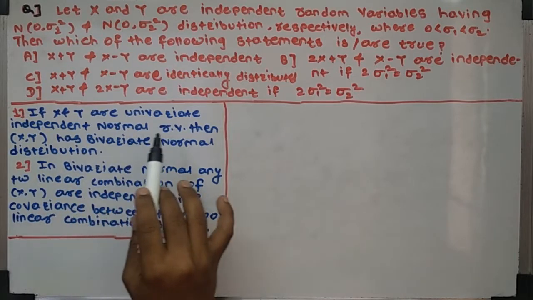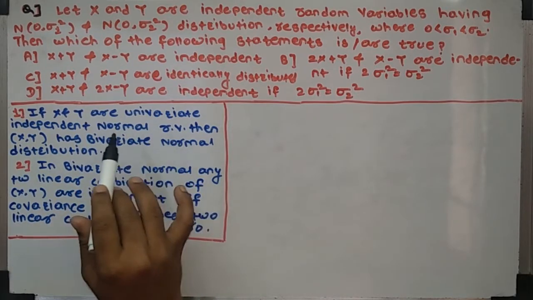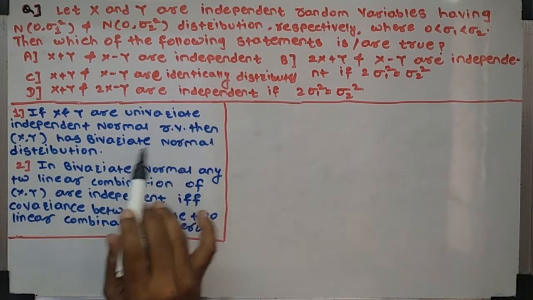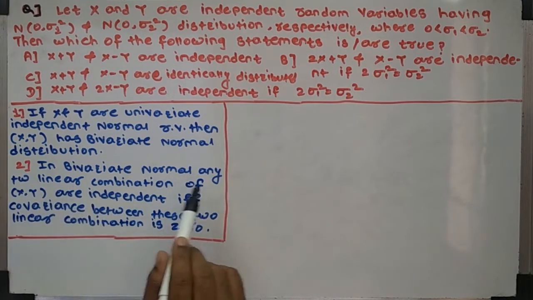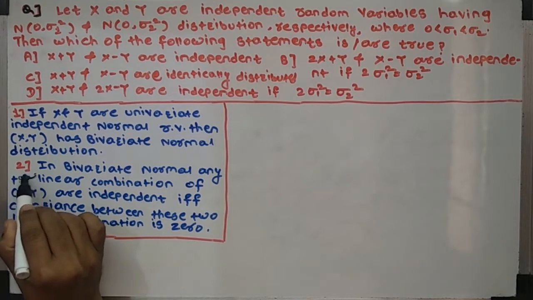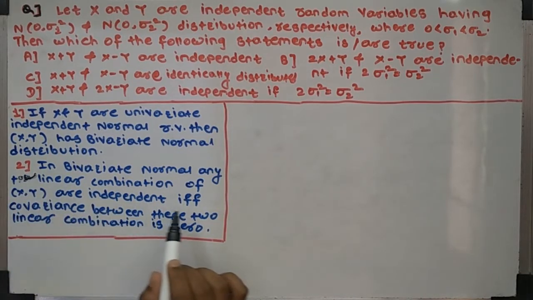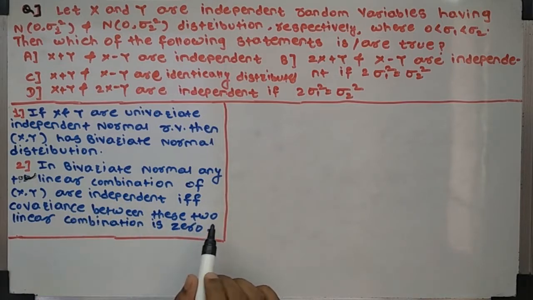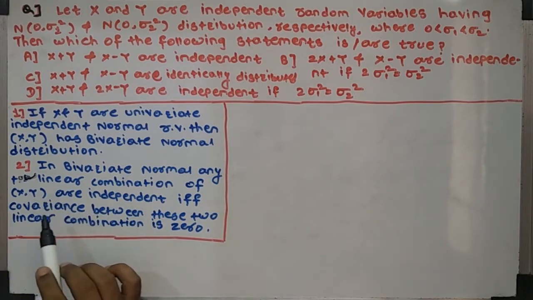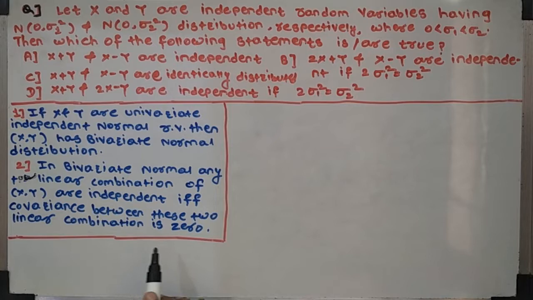Second result: in a bivariate normal, any two linear combinations of (X, Y) are independent if the covariance between these two linear combinations is 0.